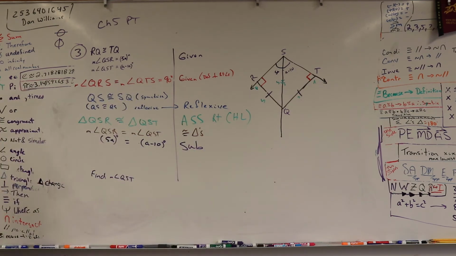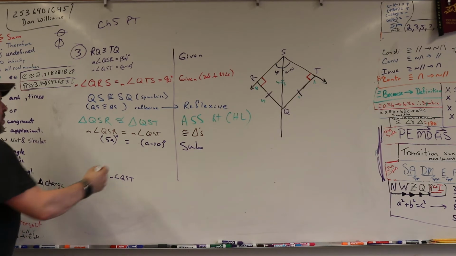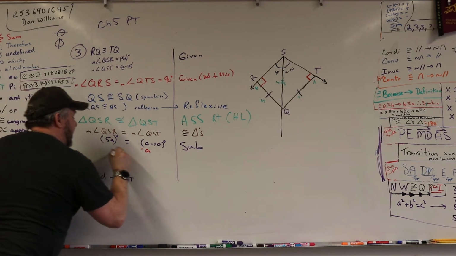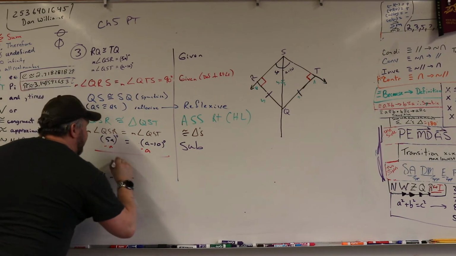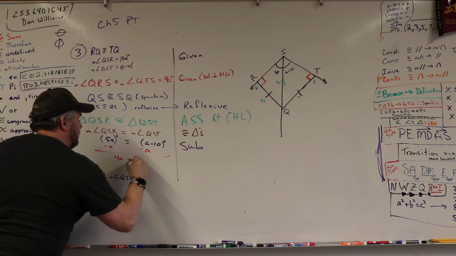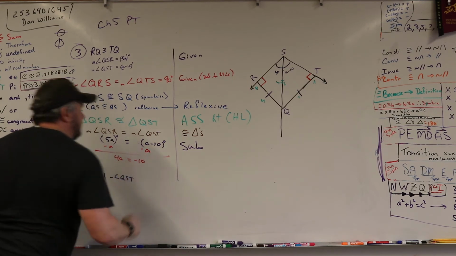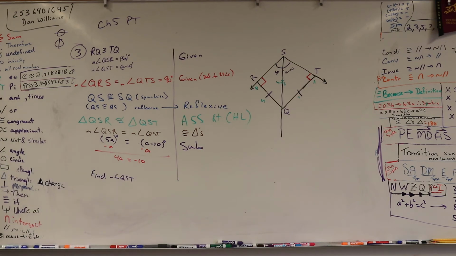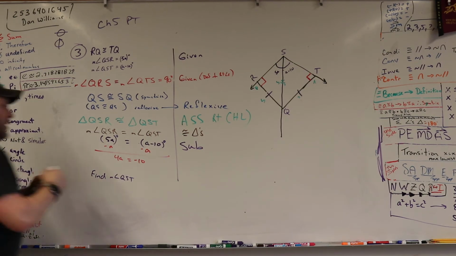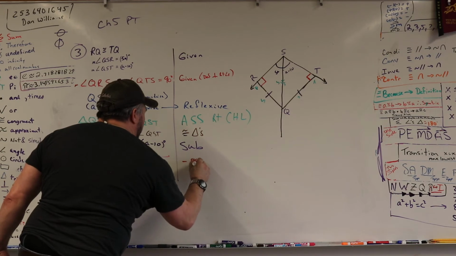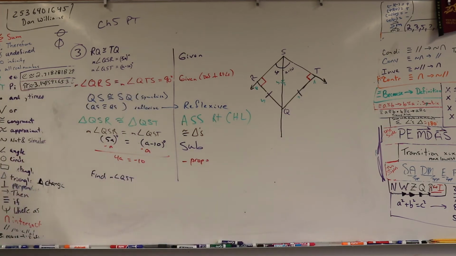Okay? Next, solve. Move the lowest to A. So I'm A minus A, so I got 4A is equal to negative 10. Right? And that is the subtraction property of equality. So what's next? Divide.